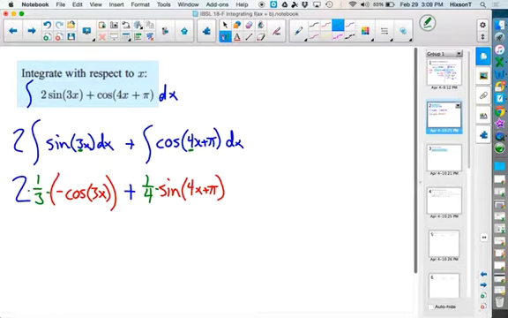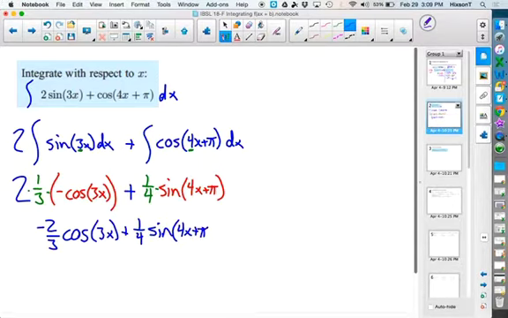So, simplifying this, we have a negative 2/3 cosine of 3x plus 1/4 sine of 4x plus pi plus c. And that's it. This is negative cosine.